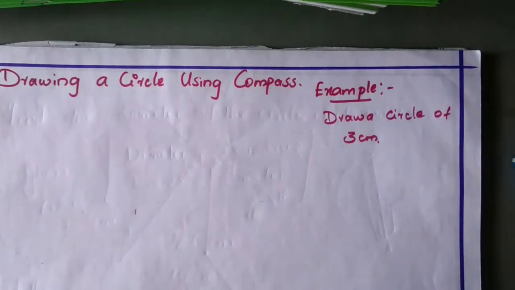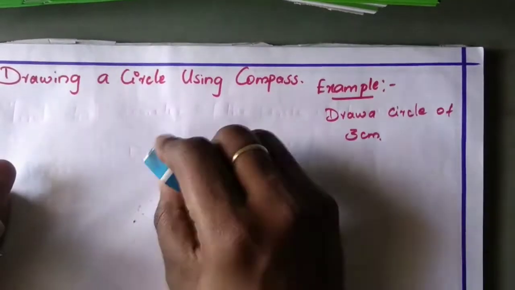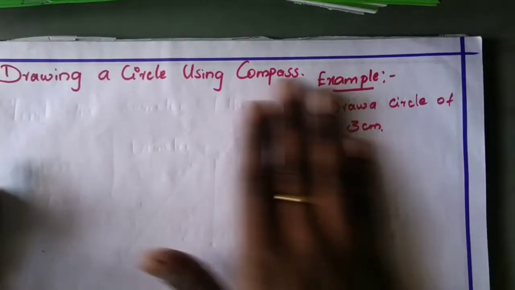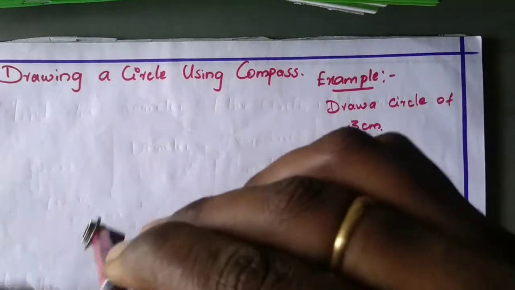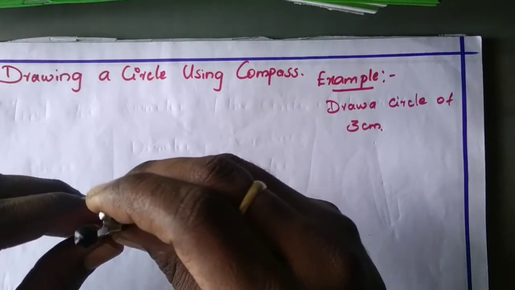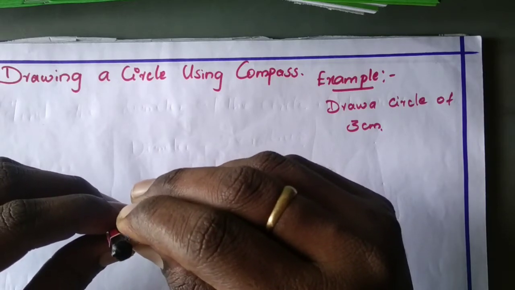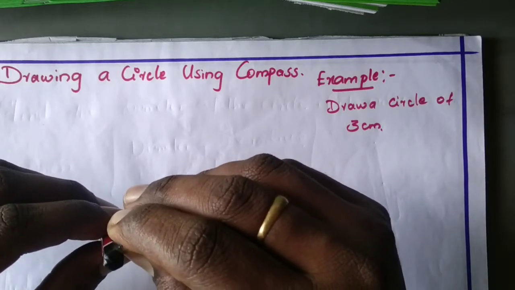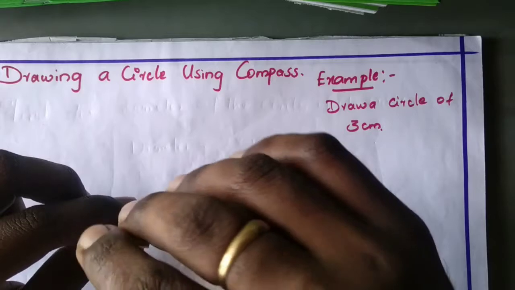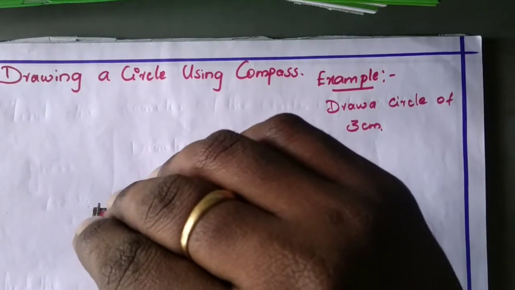Now clean the surface where you are going to draw. Keep the tip correctly. This tip is going to be the center of the circle. Just rotate and keep the center as it is.